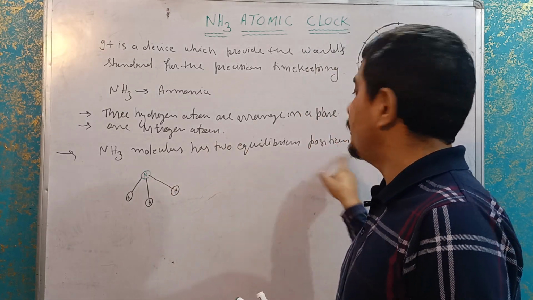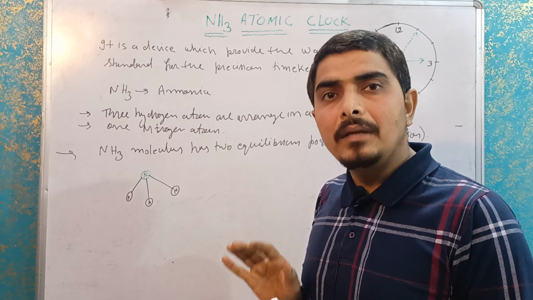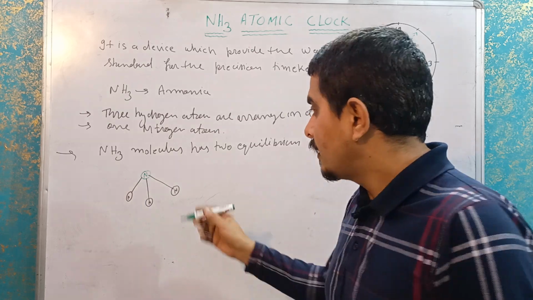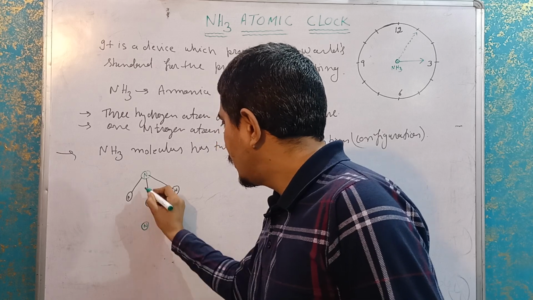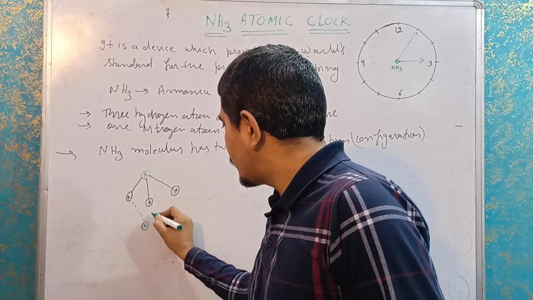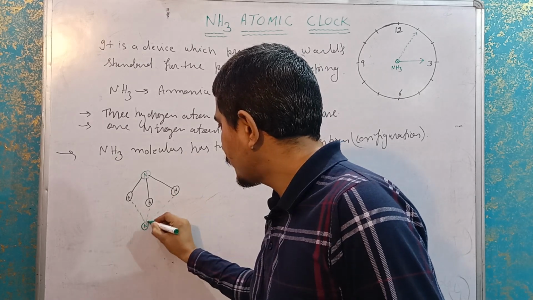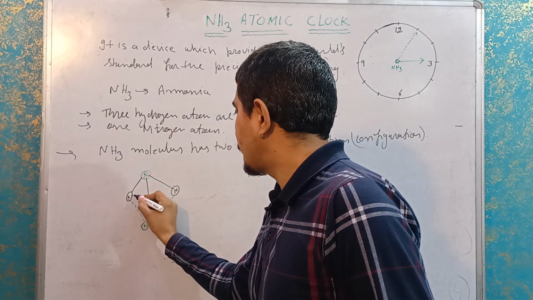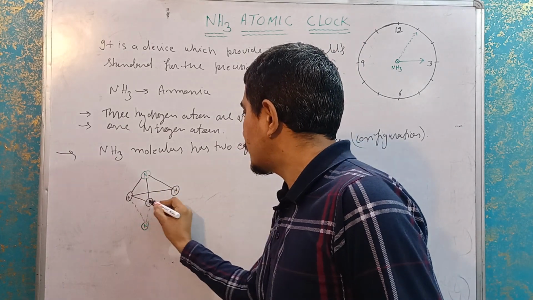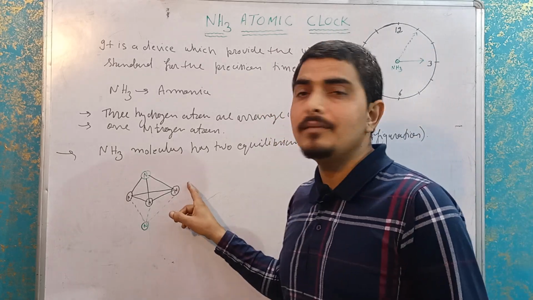There are two equilibrium positions or configurations, which are above and below the plane of hydrogen. This is another nitrogen position, like this, the arrangement of the NH3 molecule.